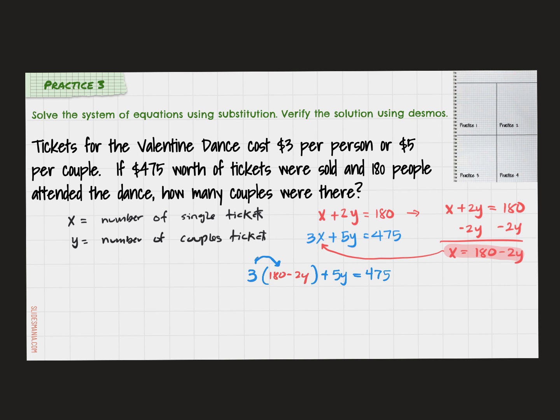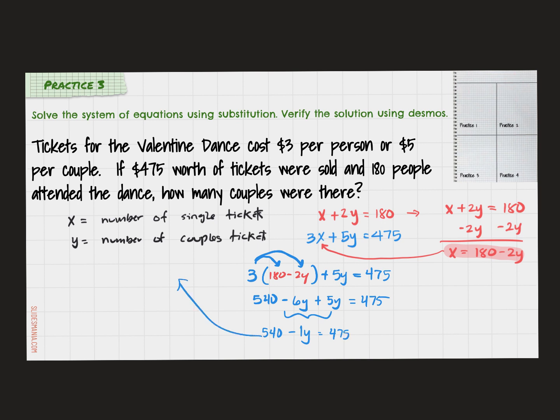Distribute this 3, which gives me 540 minus 6y plus 5y is equal to 475. I can combine these two and I get 540 minus 1y is equal to 475.